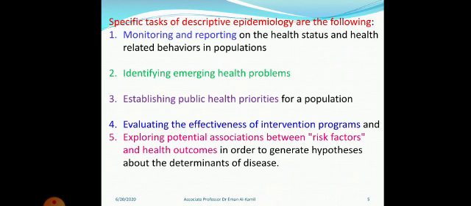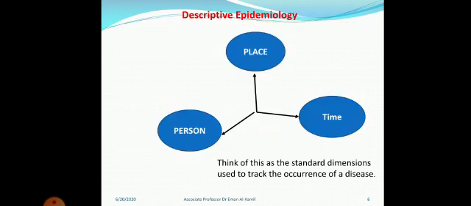Exploring potential association between risk factor and health outcome in order to generate hypotheses about determinants of the disease. By descriptive study, we are going to propose a potential association by applying a hypothesis about the association between risk factor and outcome or the disease, and then we are going to prove this association by applying the analytical study.